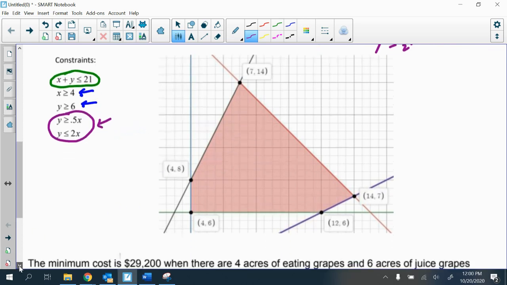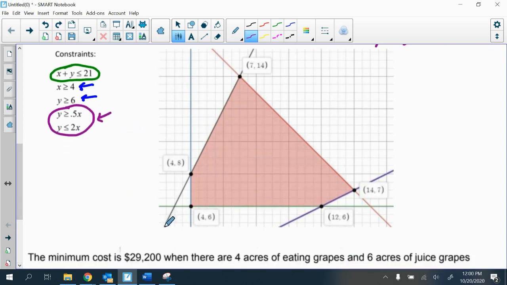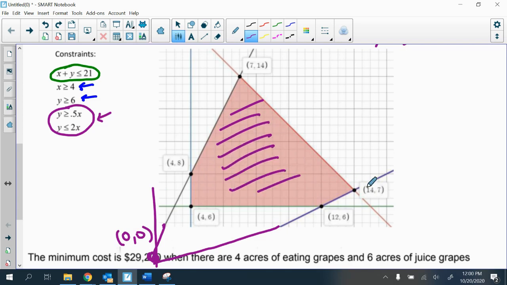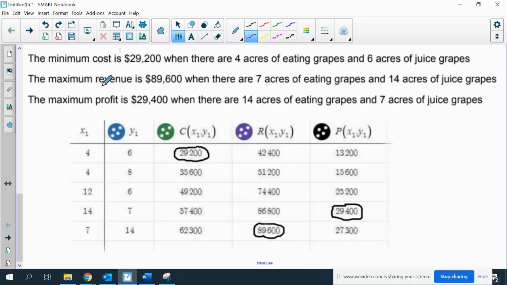So that's what these two lines are here, and those both intersect at the point 0, 0. But that's not in our region anyway. So this is our region, and we have these 5 points.